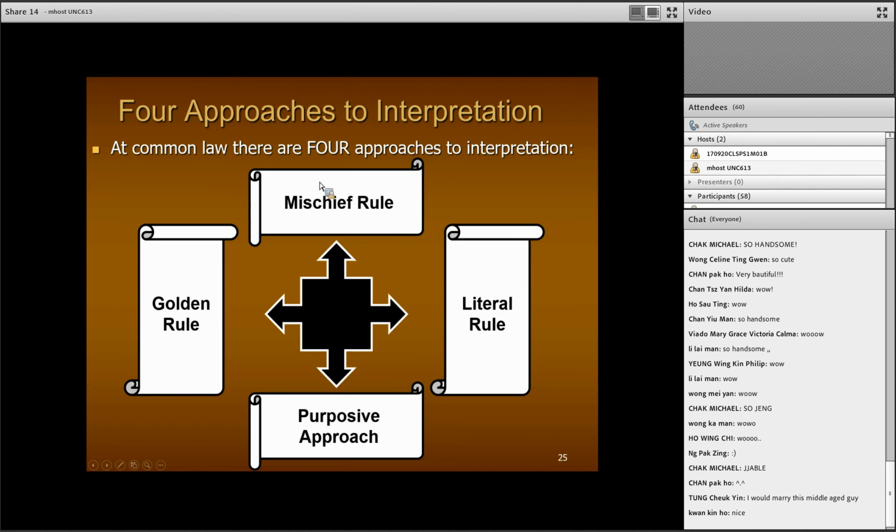They do not just look at the wording. Of course, they have 3 different emphases, but they can be grouped together. They are quite similar, and sometimes it's difficult to distinguish them, because they do not just look at the wording. They look at the purpose, intention, and objective behind the legislation. So these are the 2 different broad categories. This one looks at the wording, the literal meaning of the legislation. This one looks at the purpose behind.